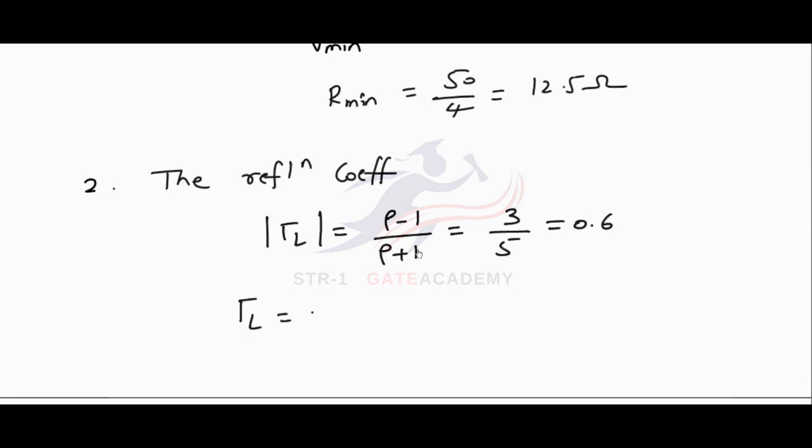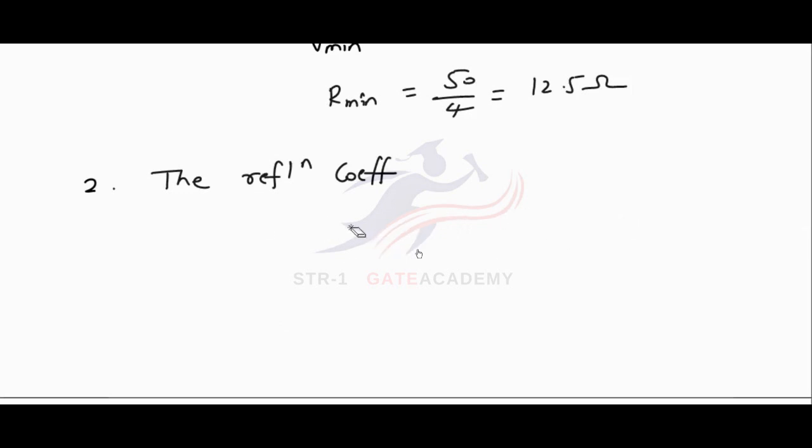Now you can directly find tau L by making use of this relation. Instead of going through the other relation, where you need to again find the angle because you have just obtained the magnitude, you directly use the relation tau L is (ZL minus Z0) divided by (ZL plus Z0). So what is the value of ZL?